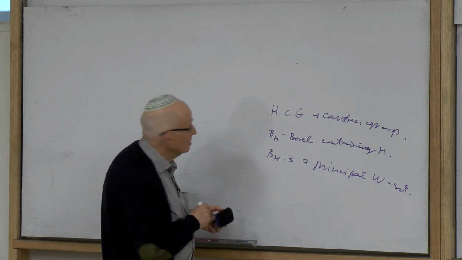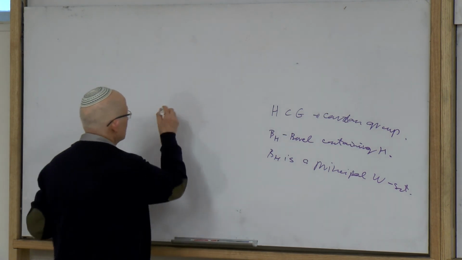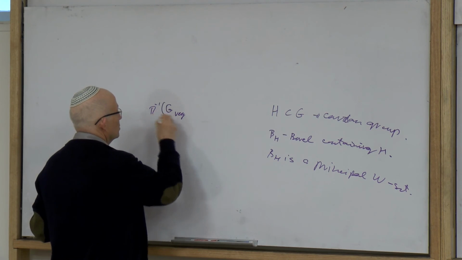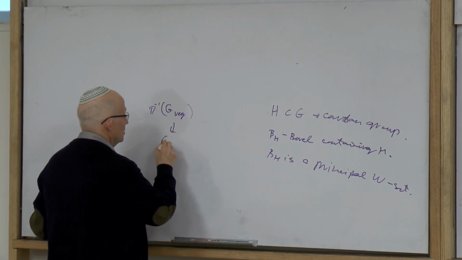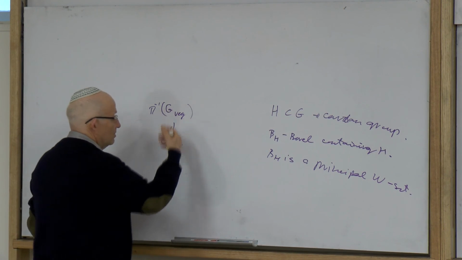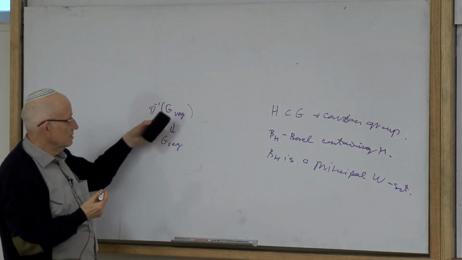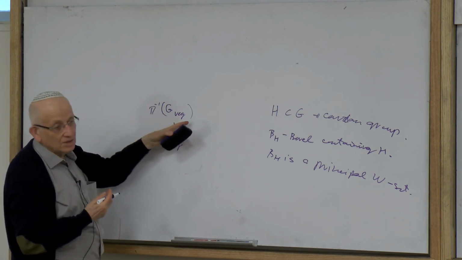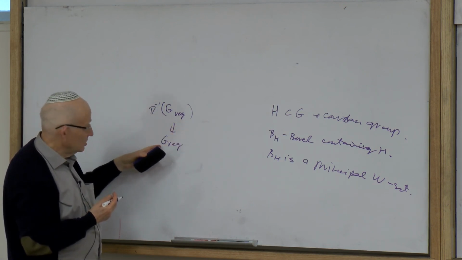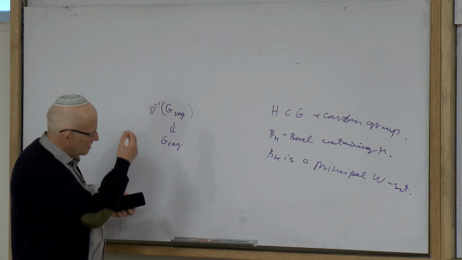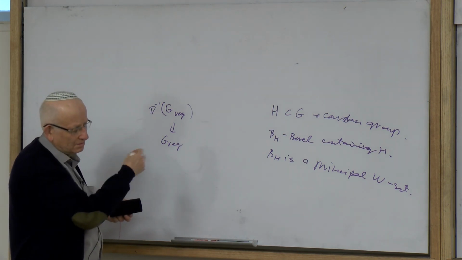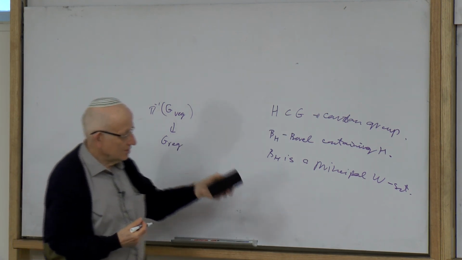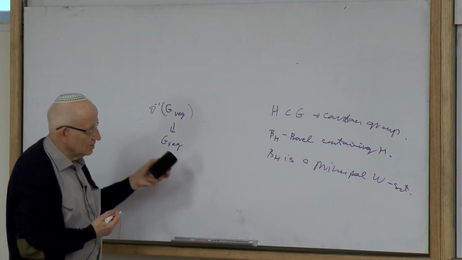This exactly means that this set, pi inverse of G regular into G regular, so the fiber at every point contains |W| elements, and in fact you have an action of W on this algebraic variety, and this is a fibration. Any fiber is a principal W-set.